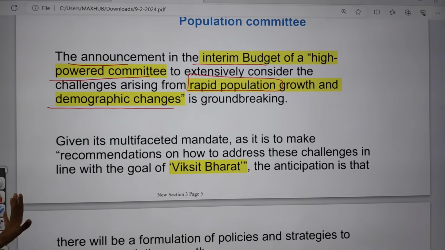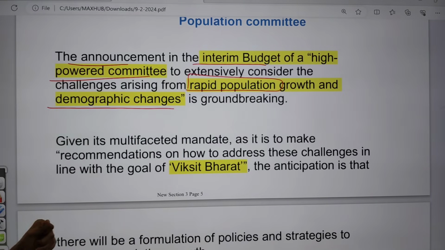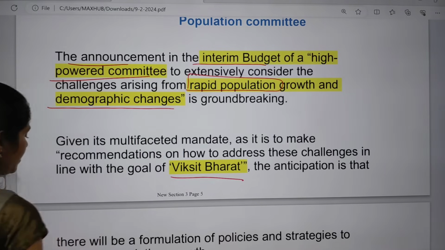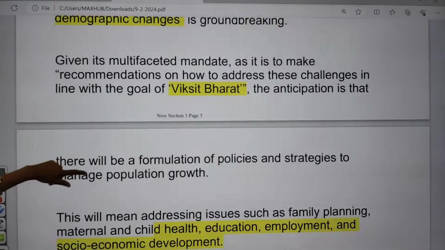This committee is going to give recommendations regarding how to address the challenges of this population growth with the goal of Viksit Bharat. So this is the aim, and this is the introduction regarding that HPC.